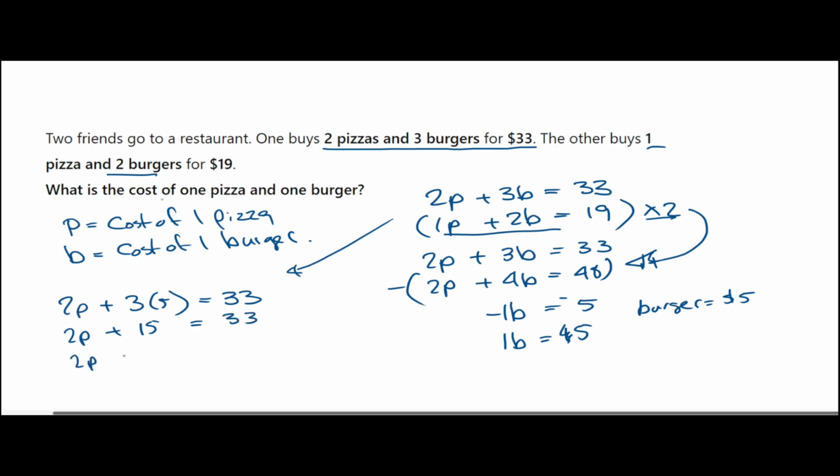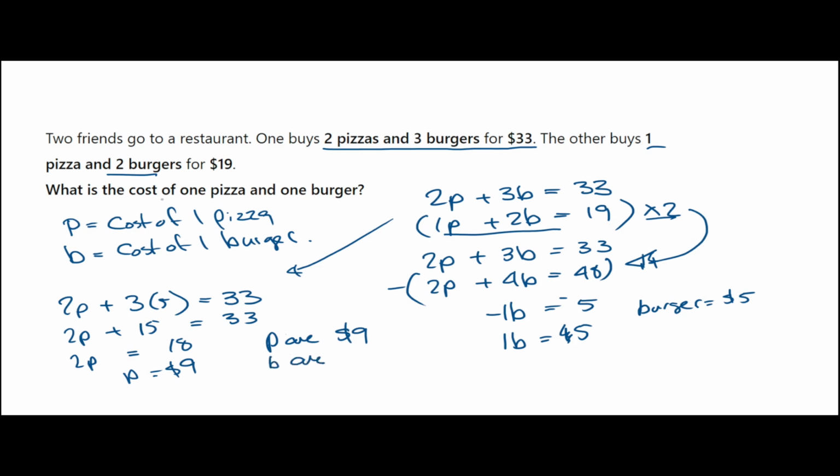So 2p, take 15 away, is going to be 18. So 1p is going to be $9. So the pizzas are $9 and the burgers are $5.